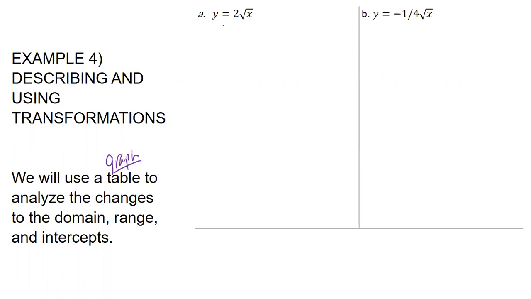So if I look right here, I have y equals 2 square root of x. That 2 is A, B, C, or D, which transformation value? A. So we know that A equals 2. And because the absolute value of A is greater than 1, what is happening to this function?